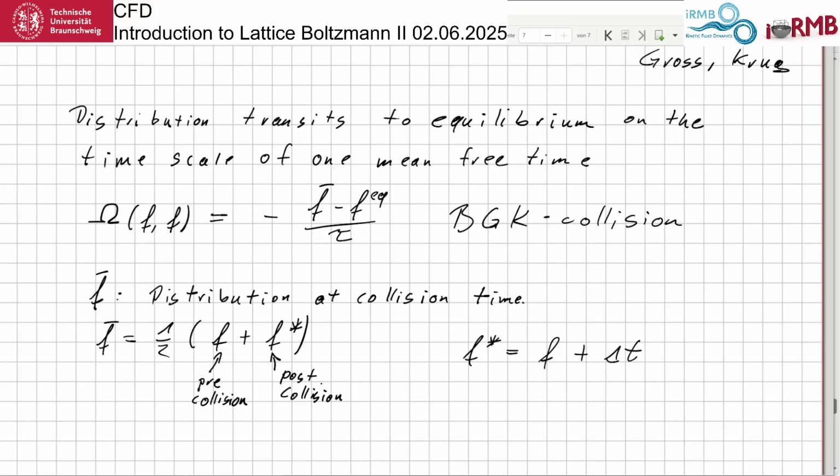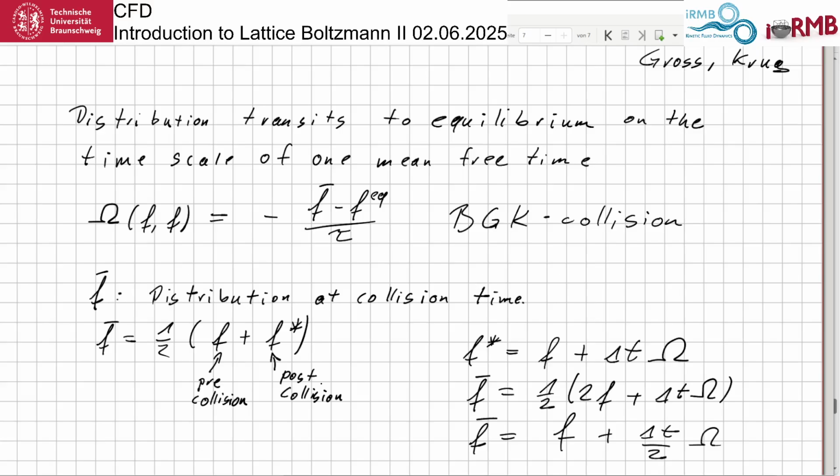Then we can write this overbar version as 1/2 (2f plus delta t omega), meaning that f overbar can be written as f plus delta t half omega.